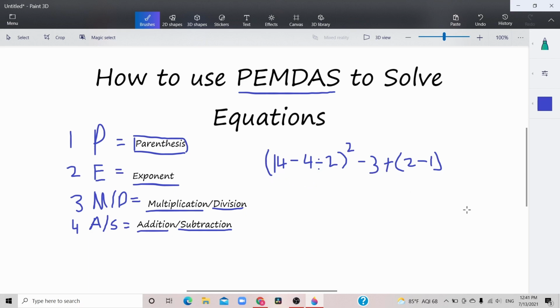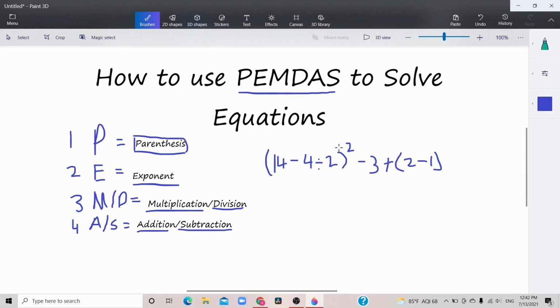So at first, this equation might look intimidating, but let's walk through it step by step. But if you want, feel free to pause the video and try solving it on your own, and then watch when I'm solving it and see if your answer is the same as mine. Okay, so now let's start. So as we see here, we need to do parentheses first.